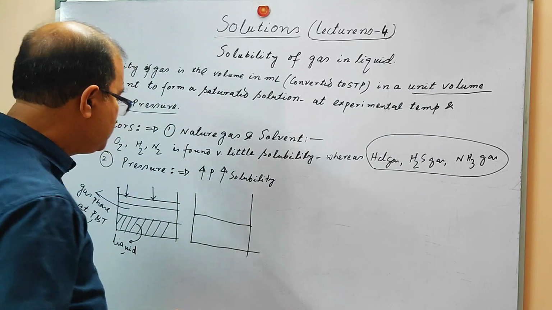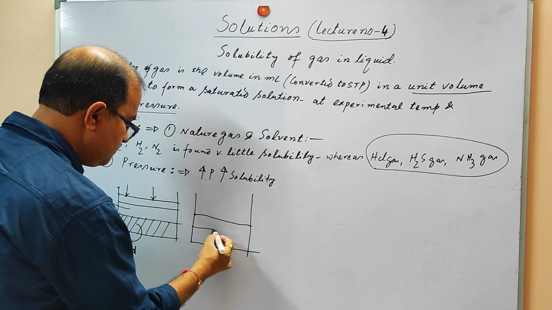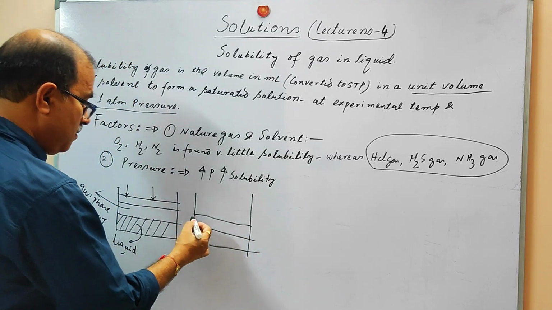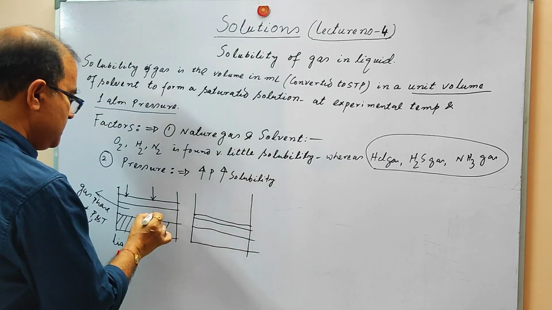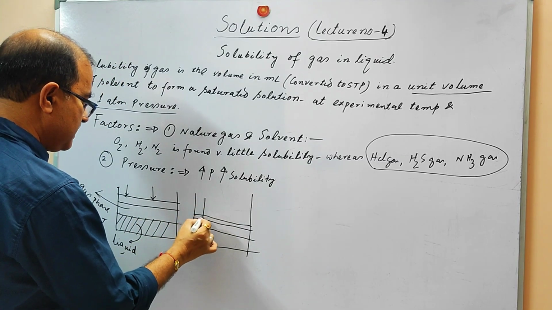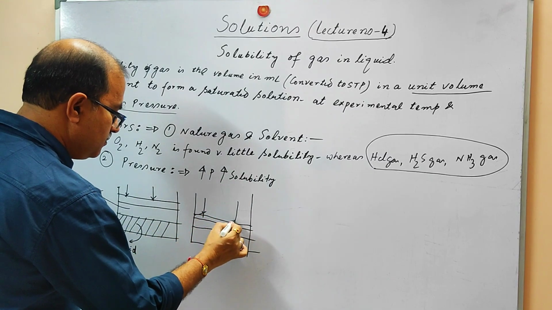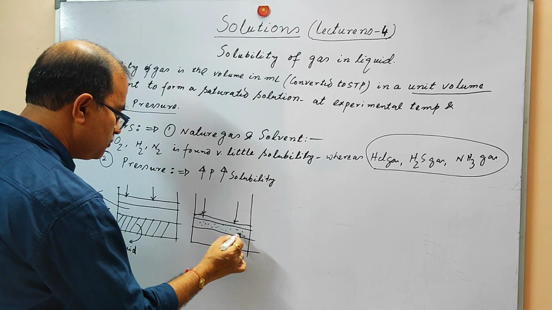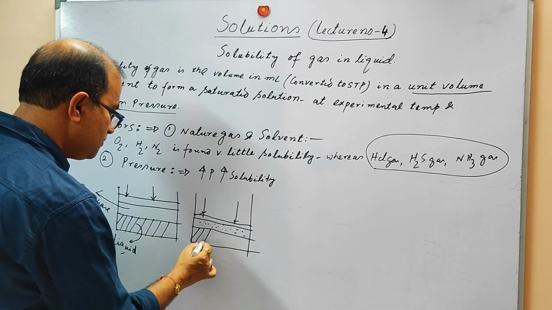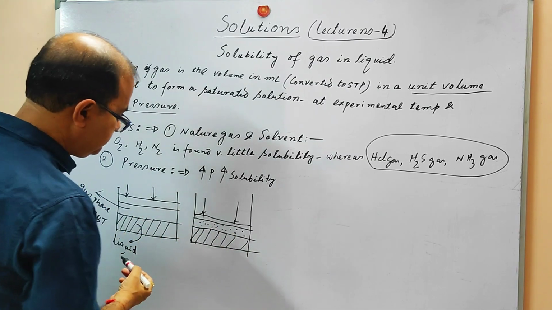We are compressing this gas. So what is happening here? You can see previously the volume of the gas was this, and now this volume of the gas above the solution is this. This is the solution phase and this is the gas phase.